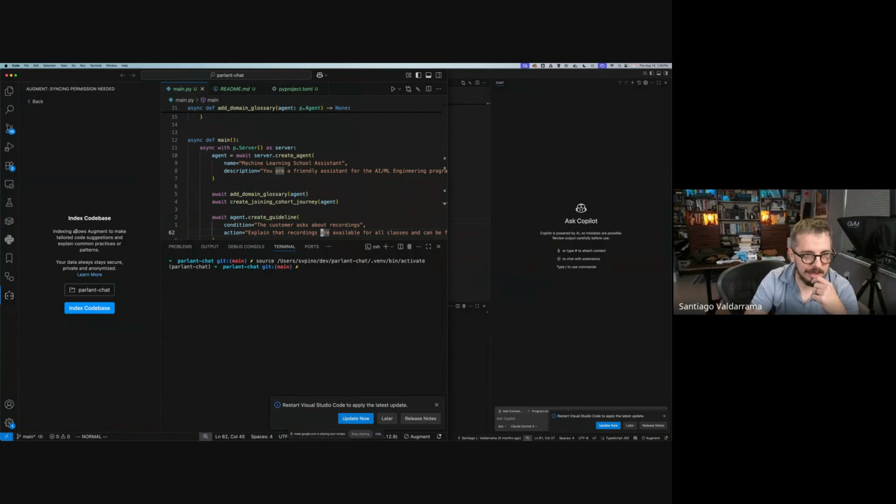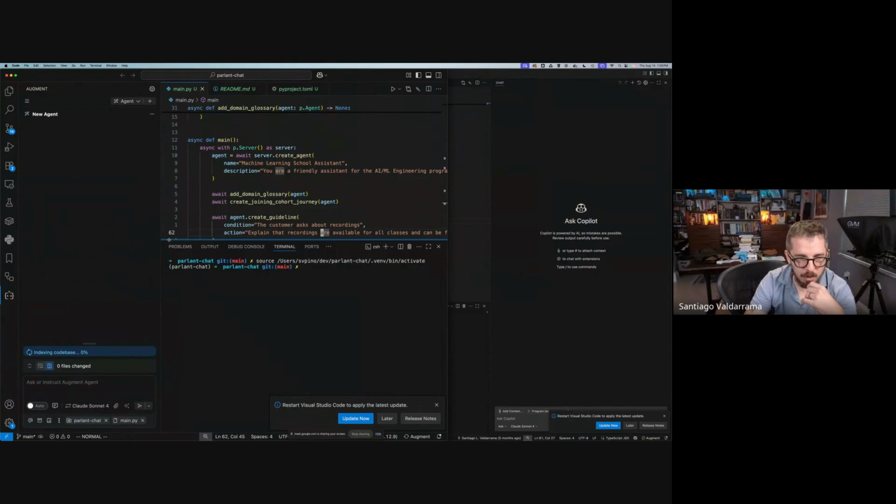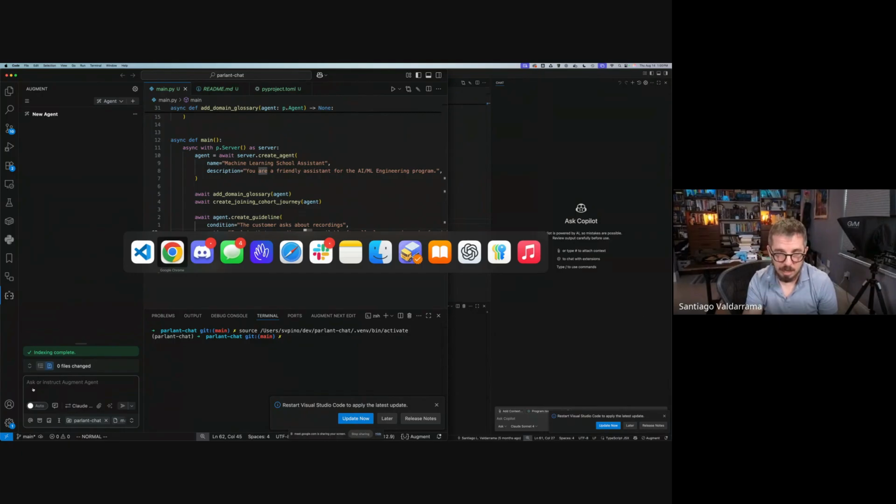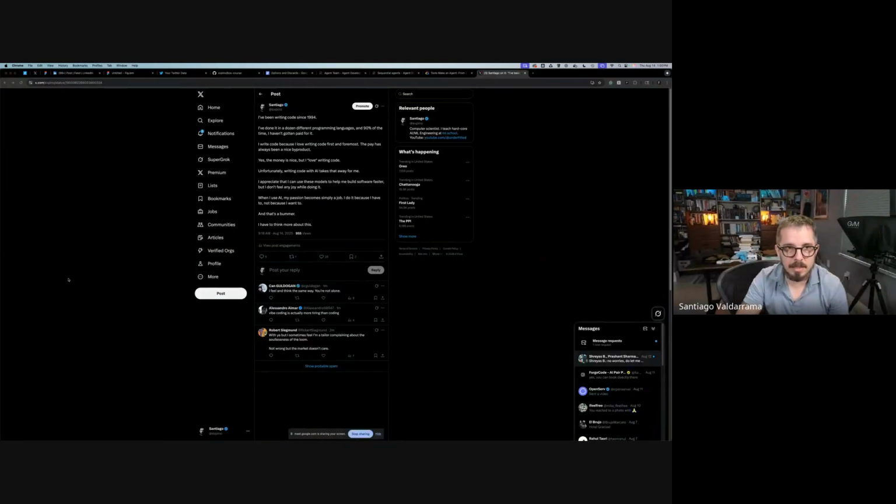Augment has this functionality where they index the code base beforehand. This is a very small project, so it wouldn't give me anything here, but they will be great at answering questions from a code base that's very, very large. So I use them a lot.